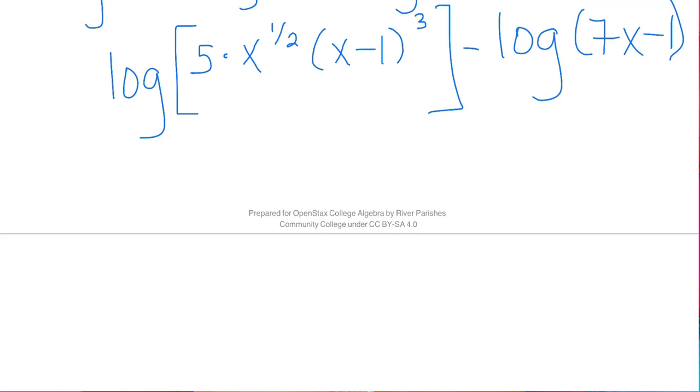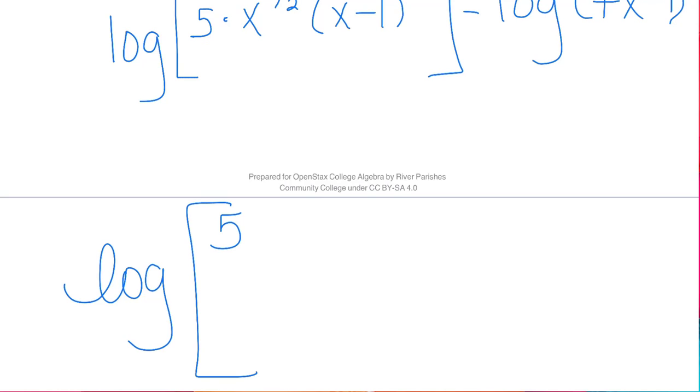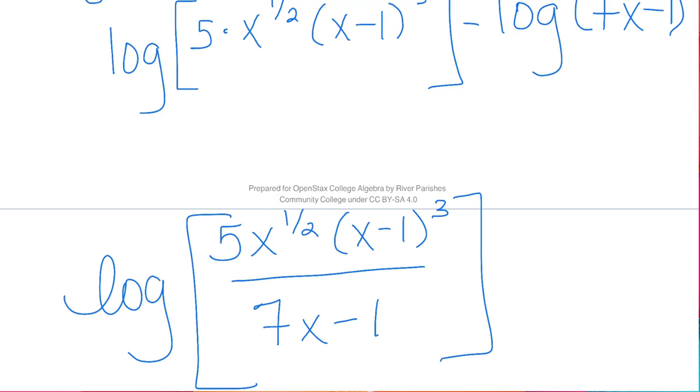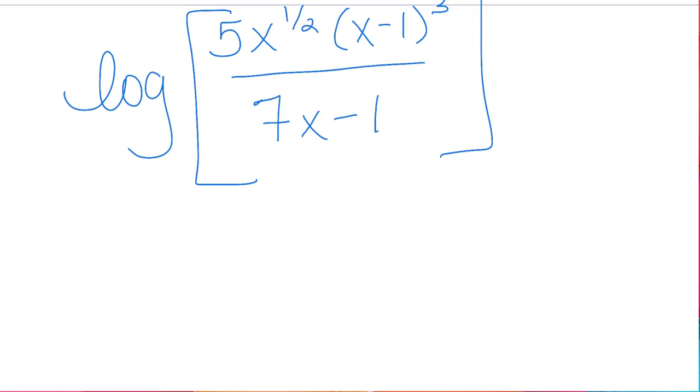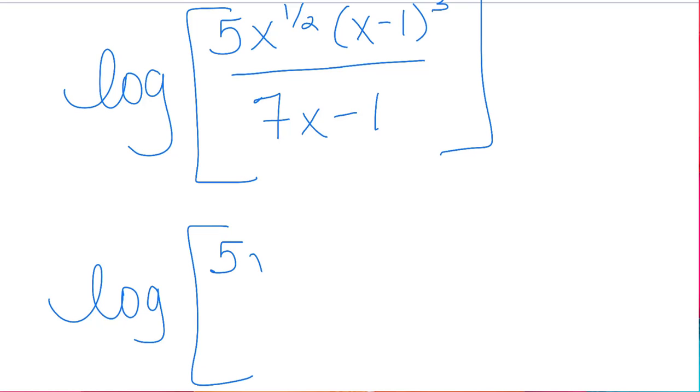This is subtraction, so that means I'm going to write it as the log of a quotient. So log base 10 of the quotient, the numerator is 5 x to the 1/2 times x minus 1 to the 3rd, all of that over 7x minus 1. And that's your answer, although I would rewrite the x to the 1/2 as the square root of x.